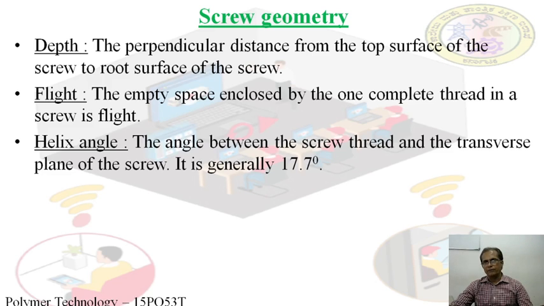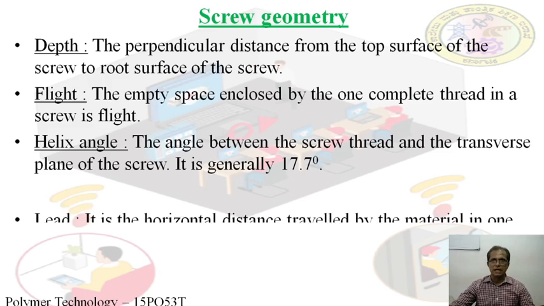Helix angle. Angle between the screw thread and the transverse plane of the screw is called helix angle. Usually, in injection molding machines, the screws have 17.7 degree as a helix angle.